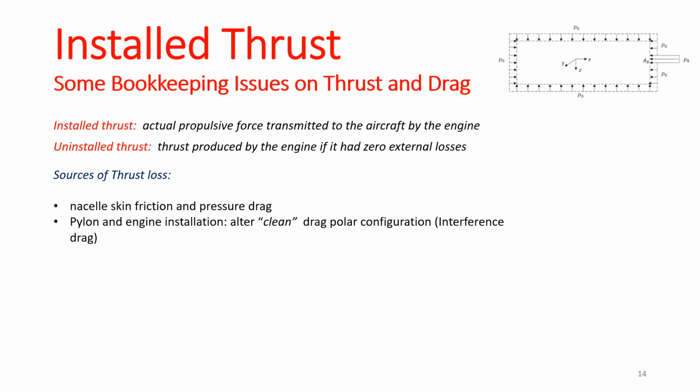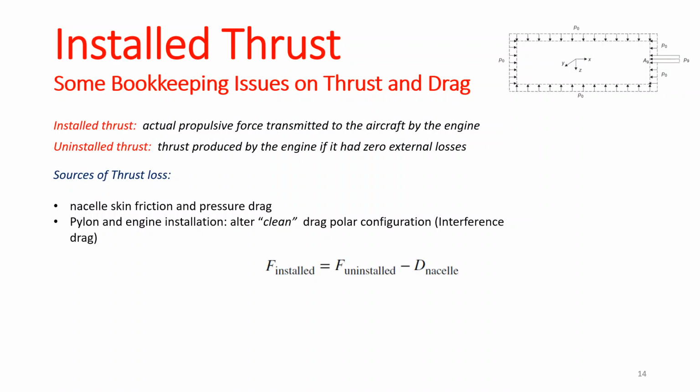So what this means is that this very beautiful pressure distribution we had for the uninstalled thrust is not going to happen in the real world, right? The losses are a very important part of whatever discussion you want to have.